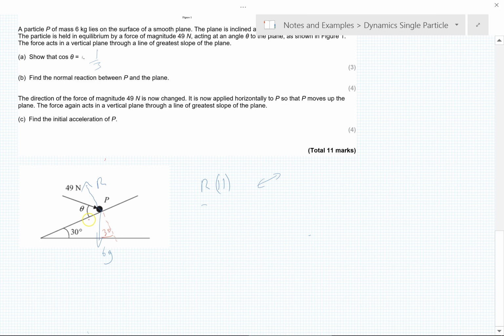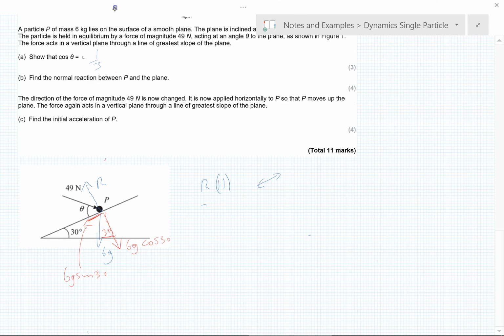Right, well, let's resolve the forces then. We've got the weight has a component in this direction and this direction of 6g cos 30 because it's next to that marked arc, and 6g sine 30 because it's away from that marked arc.